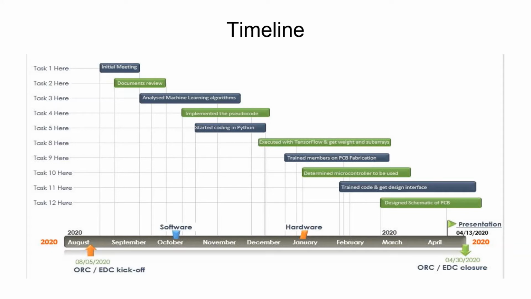Towards the end of December, we trained all members of the group to fabricate the PCB board. Early in January, we determined the type of microcontroller we would utilize to connect the PCB board to the microcontroller and to the computer. Early February, we trained the code to gain the interface.